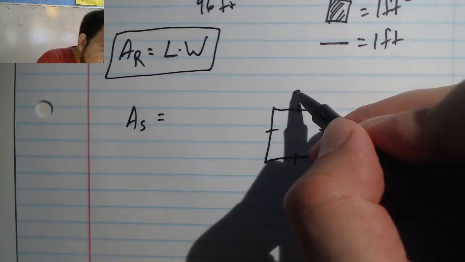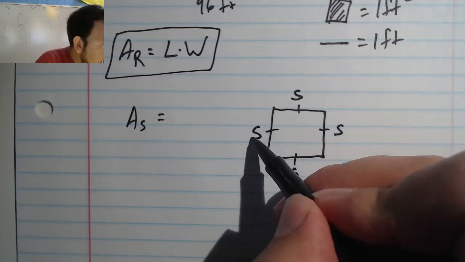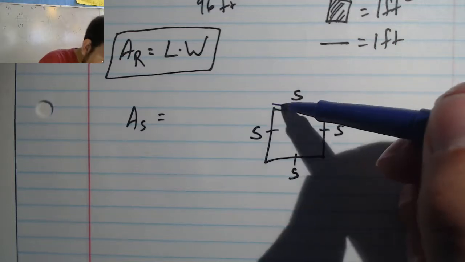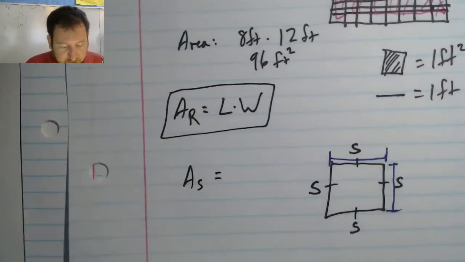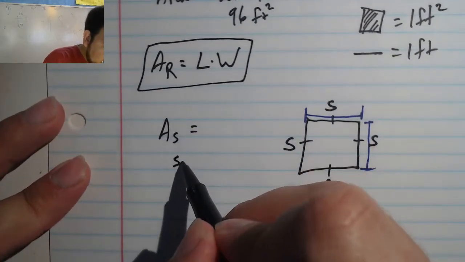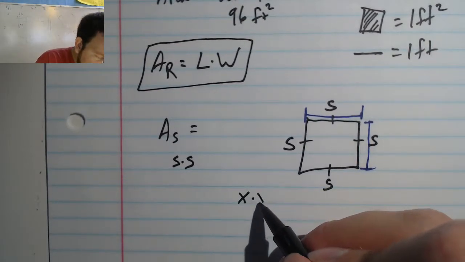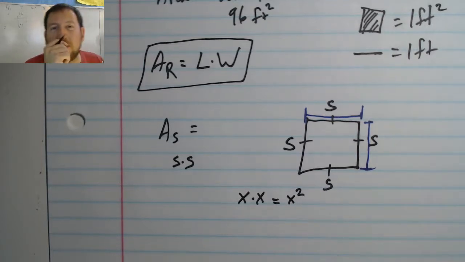I can say that I have a length of S here, a length of S, and a length of S, and finally a length of S. Now in this case, I really want to multiply my length times my width, which simply means that I'm going to do S times S. Well, S times S looks like X times X. And remember, X times X is equal to X squared, because we were just doing that unit.